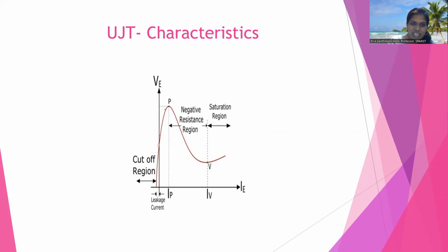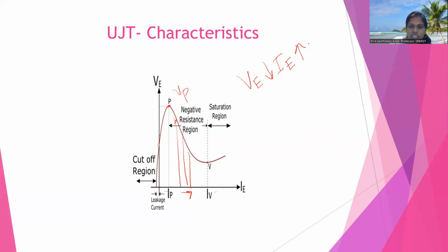We gradually increase the VE value up to one particular point, called VP, the peak voltage. After that point, VE is decreased and IE is increased.